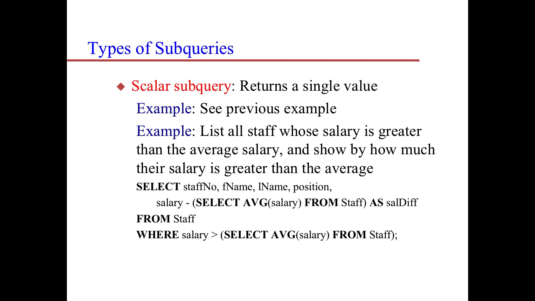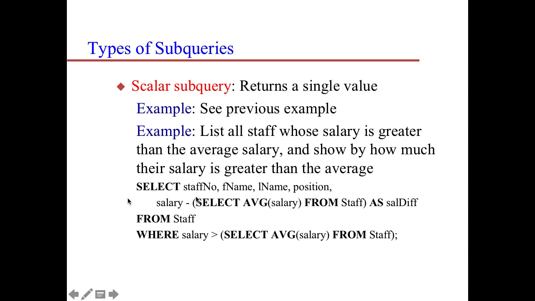So for example, if the average salary is $17,000 and I'm a staff member making $25,000, then it's going to print out $8,000 for me. If I'm a staff member making $10,000, since I am less than $17,000, I will not be in the output. So only staff members making more than the average salary.